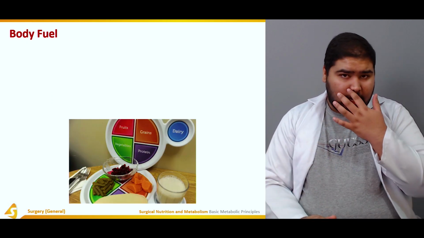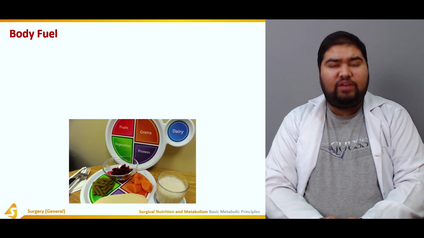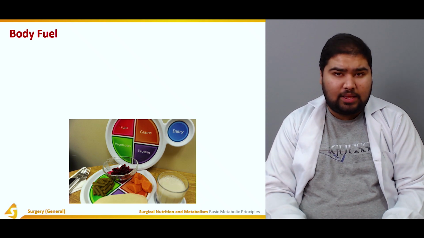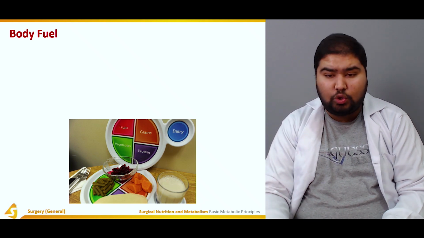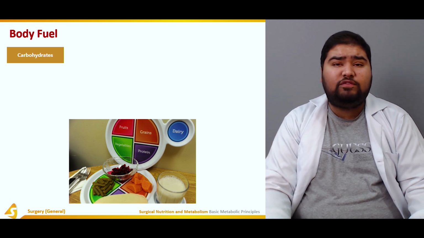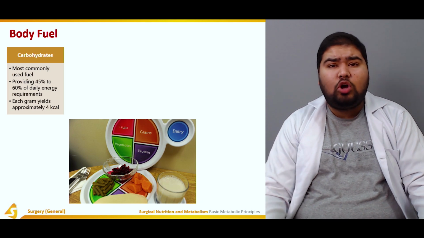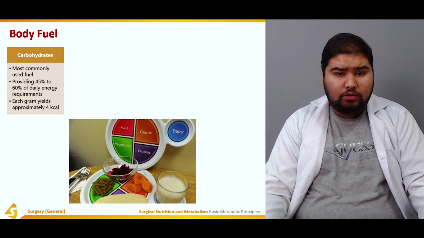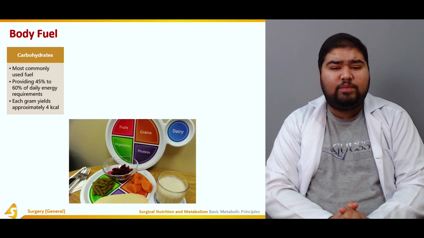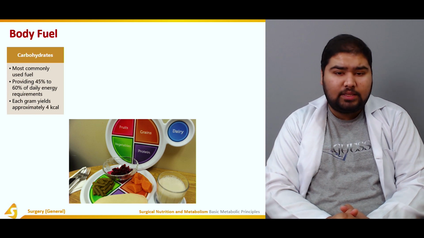So let's see what are the various body fuels, what is the energy that they provide and what are their sources. The major source of energy is the carbohydrate. It is the most commonly used fuel. We all know that. It provides 45 to 60% of the daily energy requirements.